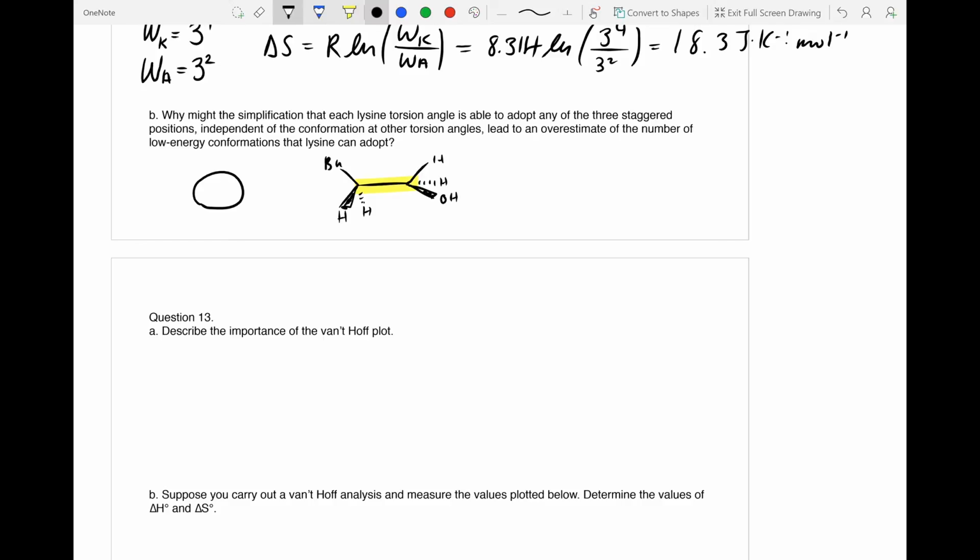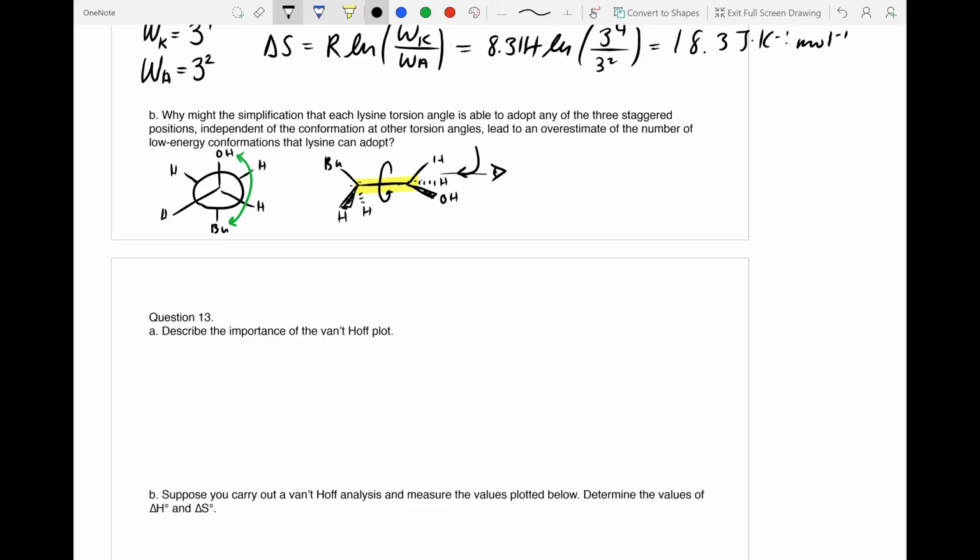So if you were to look at this right down there, maybe this is an eye looking down this bond, this would be most favorable when the hydroxyl is on the opposite side from the butyl, since single bonds can rotate. That's just because there's going to be less steric clashes between these larger groups. And it's not necessarily relevant when you just have hydrides, since they're not very large.